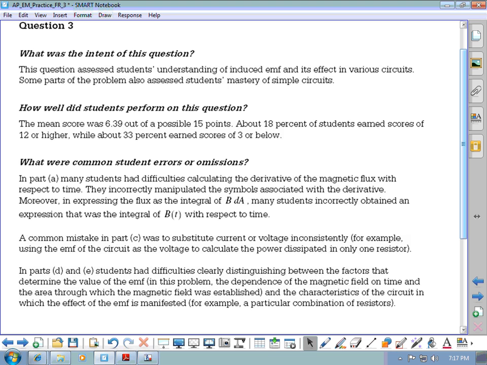So again, what they're saying there in parts D and E is that students had trouble understanding how induced EMF played a role in these circuits, and how putting the different light bulbs there changed the resistance, specifically the combination of resistors that they had.